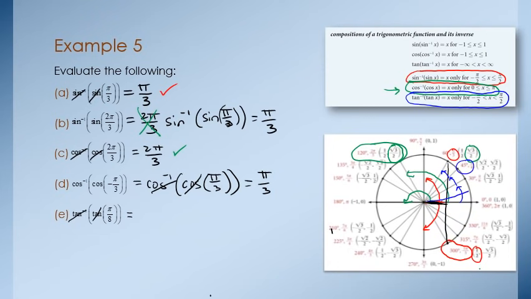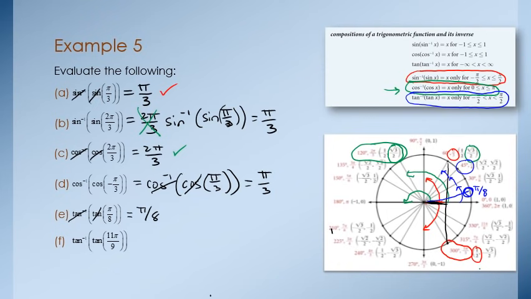So it would be about right here, just below 30 degrees or pi over 6. That's my estimate. It doesn't really matter what the exact value is. I'm just looking to make sure that pi over 8 is within that restricted domain. And it is, so I'm going to say that the answer is pi over 8.